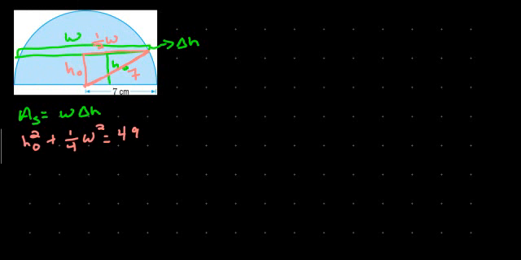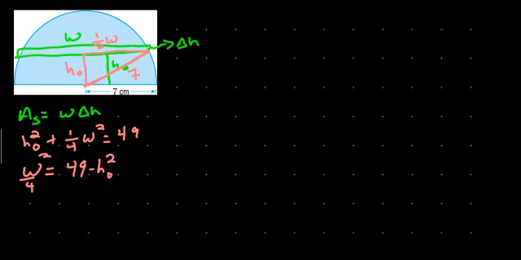Okay, and so we can do all of our math there and get that w. Well, let's just work it all out. w squared over 4 equals 49 minus h0 squared.